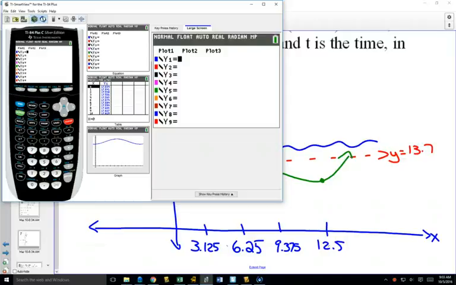So for our equation we had negative 4.5 cos 0.16 pi x bracket plus 13.7.